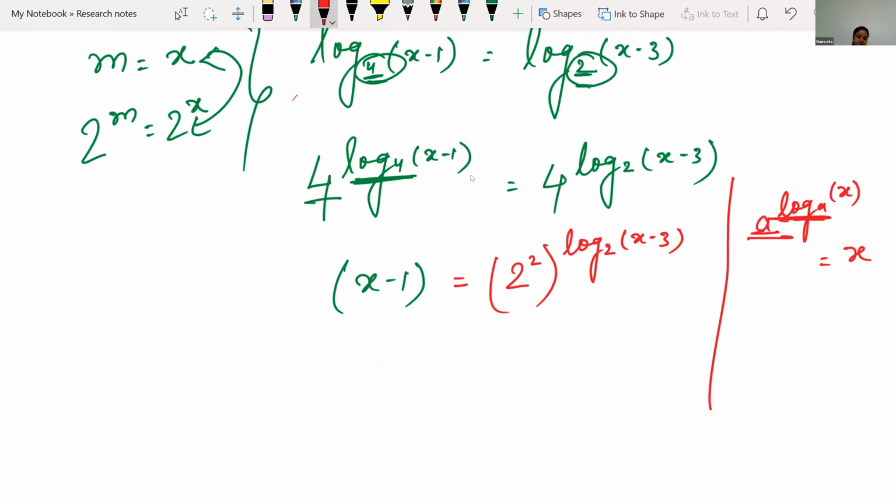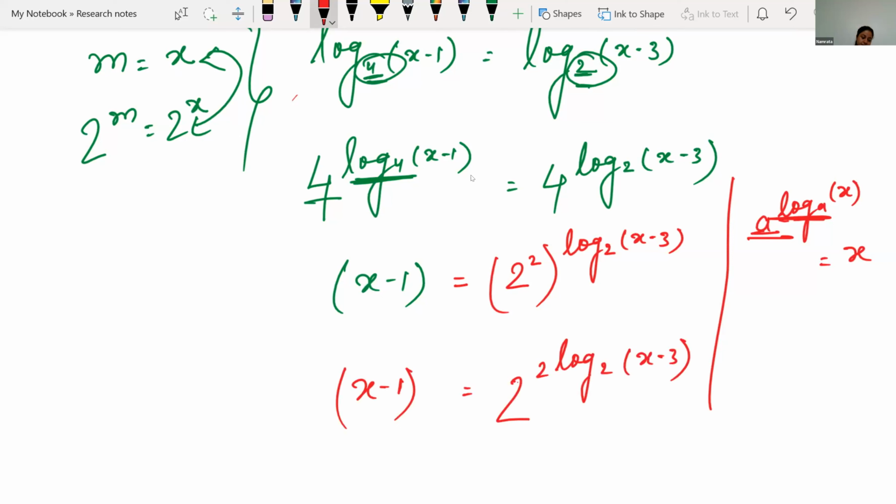Yes, ma'am. Here we will be having x - 1, and there we can multiply both the powers. So we will be having 2 to the power 2 log 2(x - 3), right?